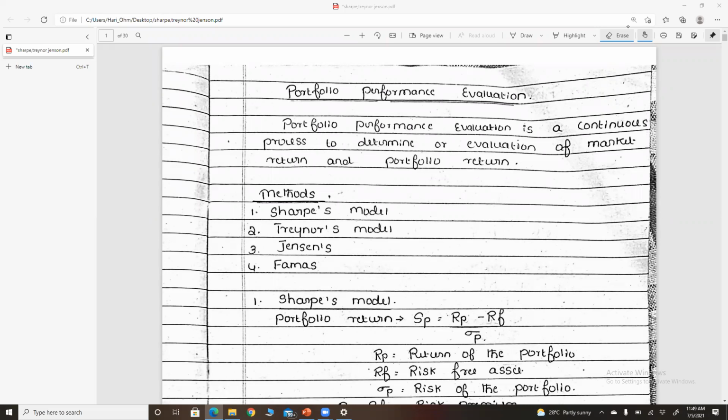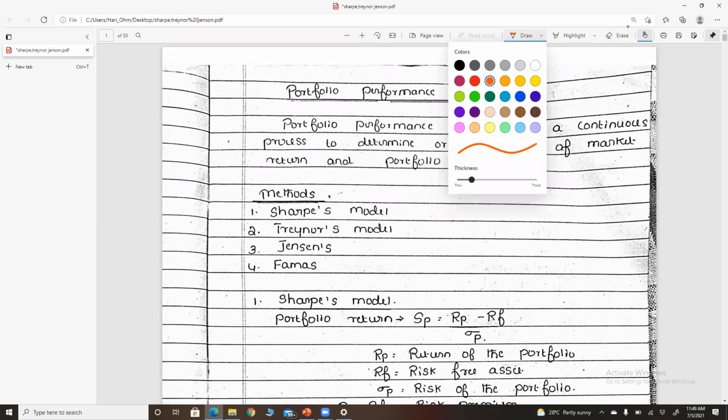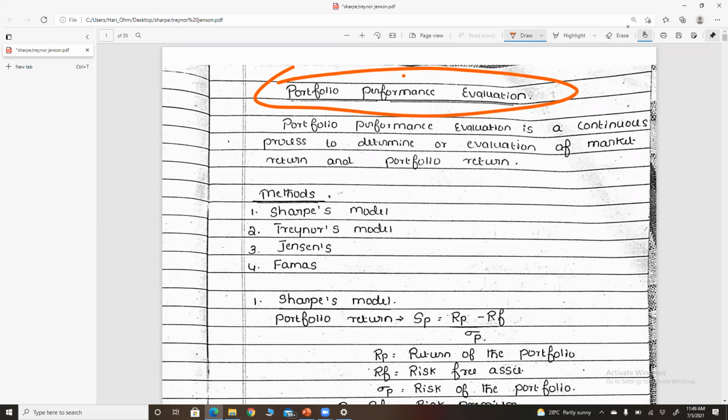In this session, we are going to study one of the important units, that is portfolio performance evaluation. Now, you know the meaning of portfolio, right? What is a portfolio? A portfolio is nothing but a grouping of securities. Now, what is portfolio performance evaluation?